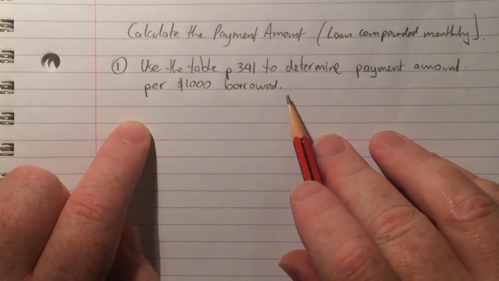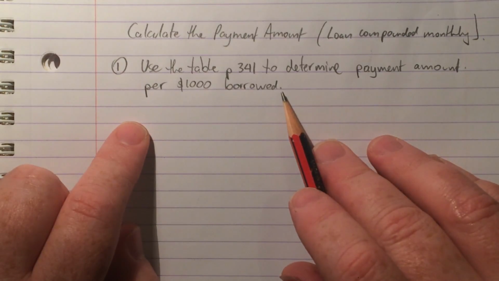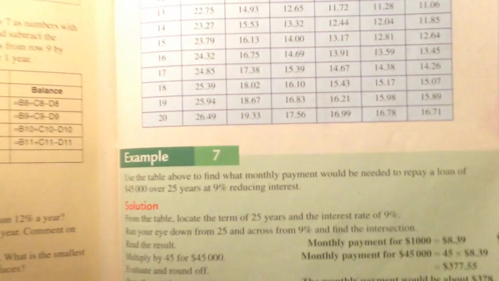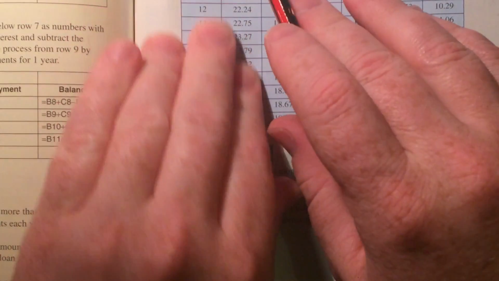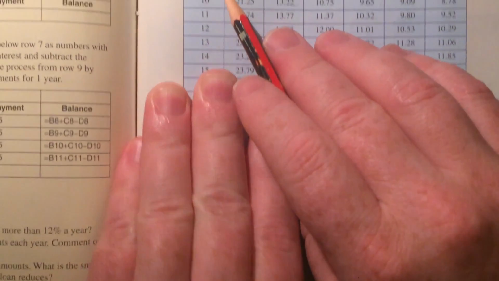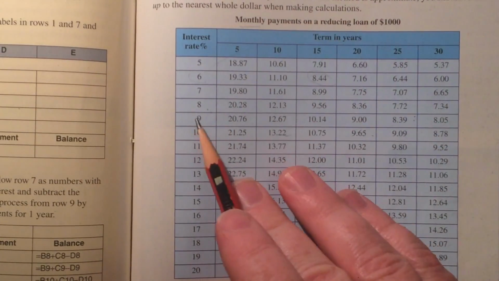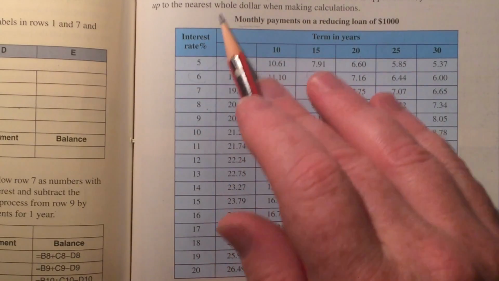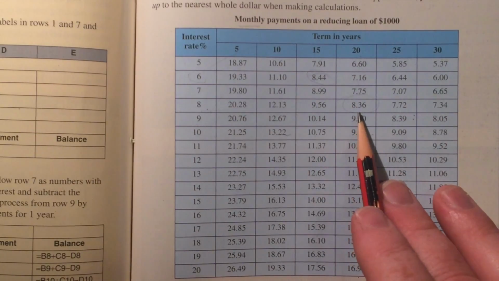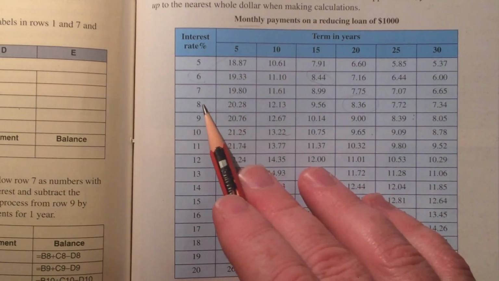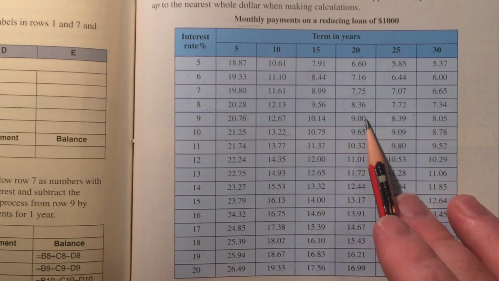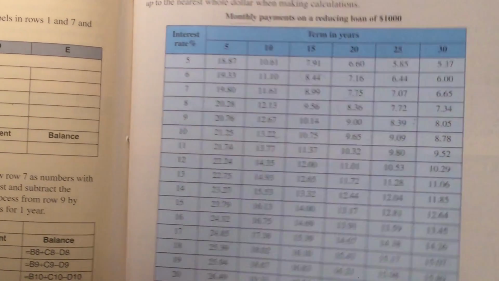Okay, so for example, if we had a loan that was compounded monthly at 8% for 20 years, we'd look at our table, find 8%, go across to 20 years, and we'd see that the payment amount per $1,000 borrowed would be $8.36.